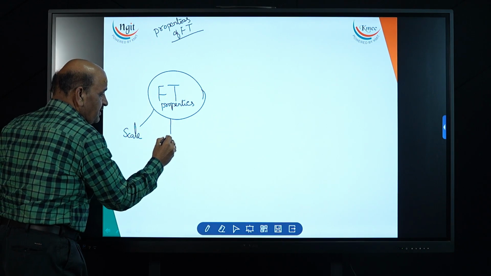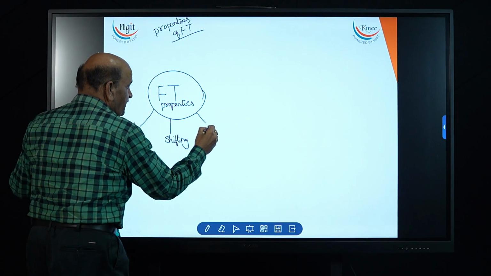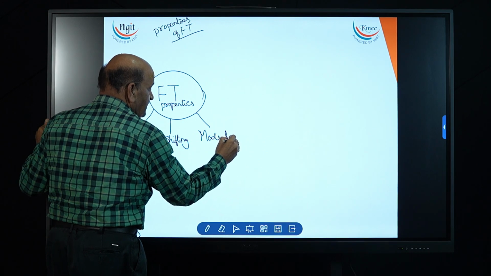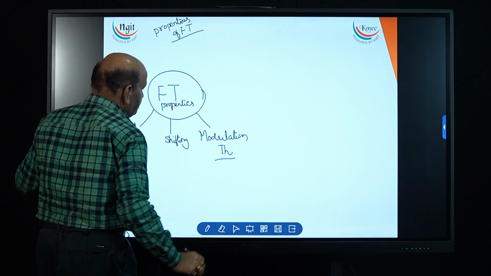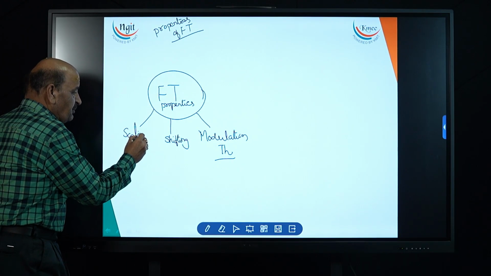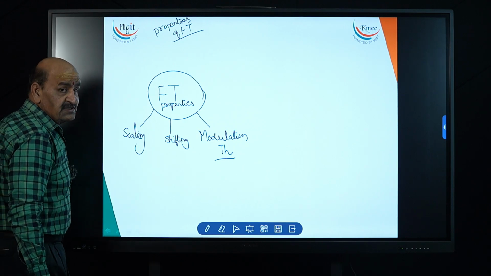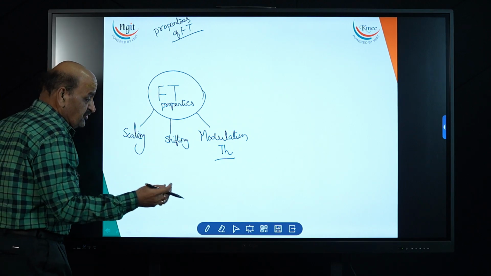Second one is called shifting property. Third property is modulation theorem, a very important concept. So these three properties we are going to discuss on Fourier transforms: scaling, shifting, modulation theorem.